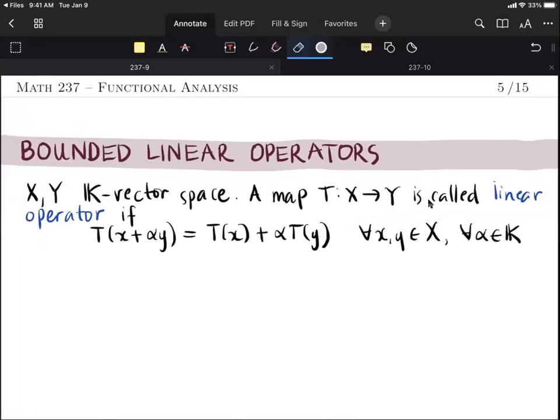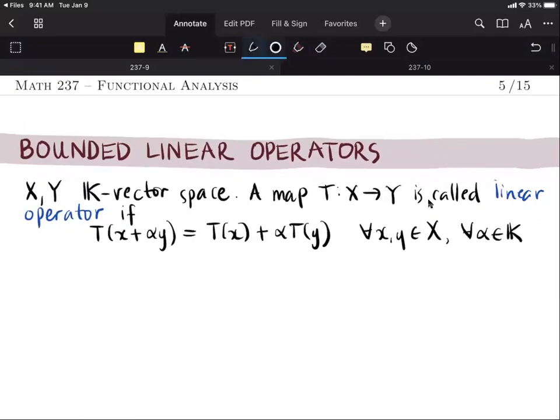So in particular, if T is linear, and here we sometimes abbreviate a linear operator by just saying that it is linear, then the image of the zero vector in X is the zero vector in Y. One must not be confused with this notation, since we are using the same notation for the zero vectors in X and Y. The notation should be taken with respect to the appropriate context.